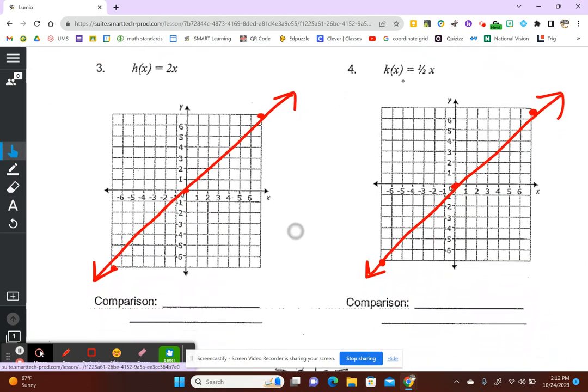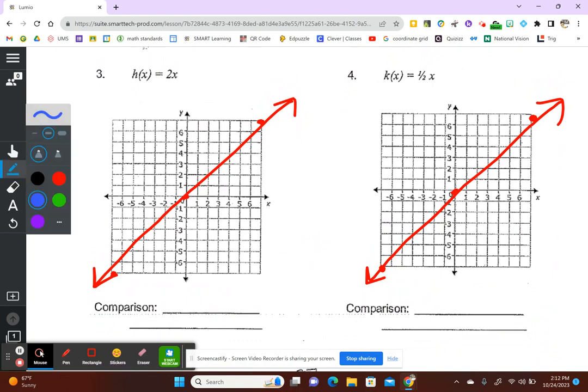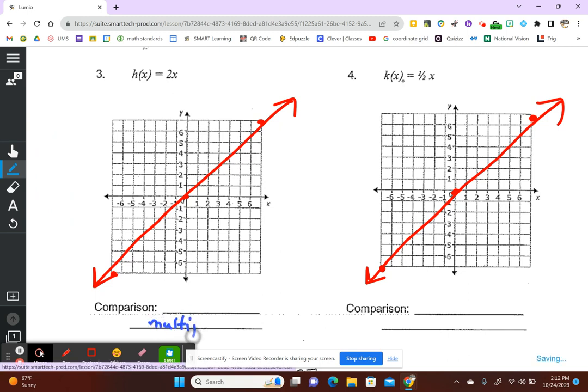Now, here I am not adding or subtracting. Here I am multiplying by a number greater than 1. So if we multiply by a number whose absolute value is greater than 1, that is a vertical stretch.